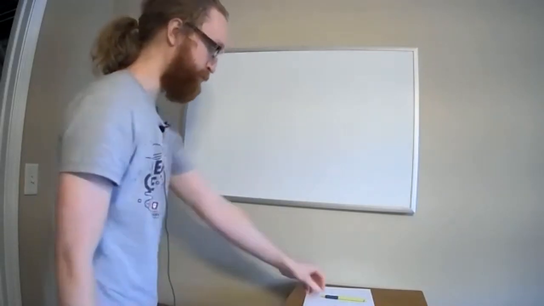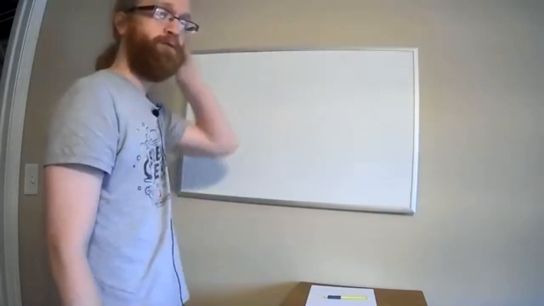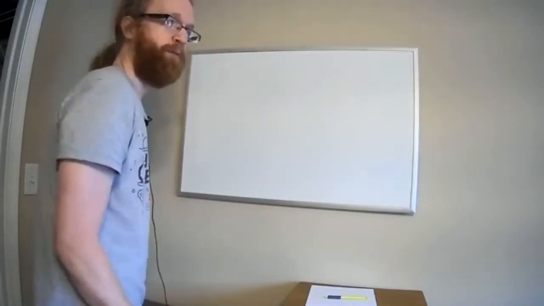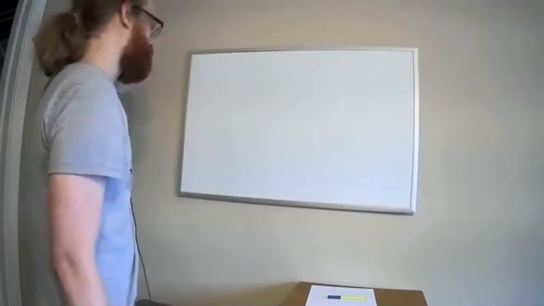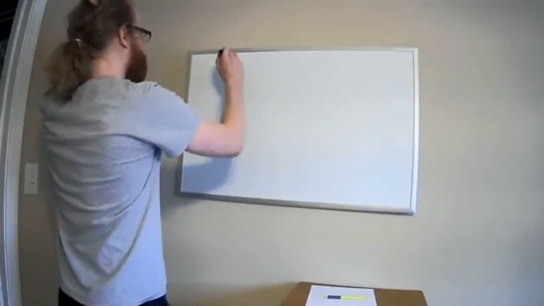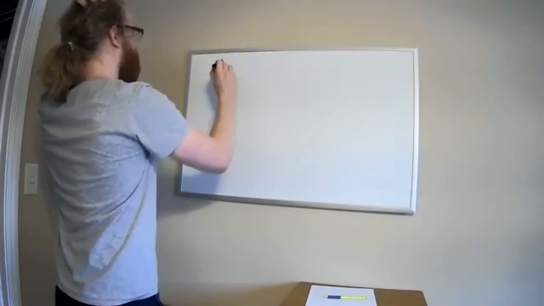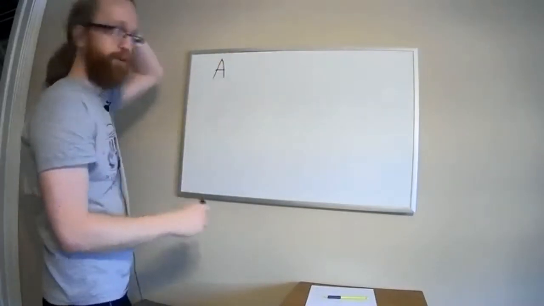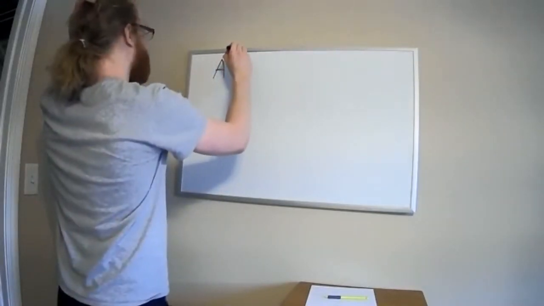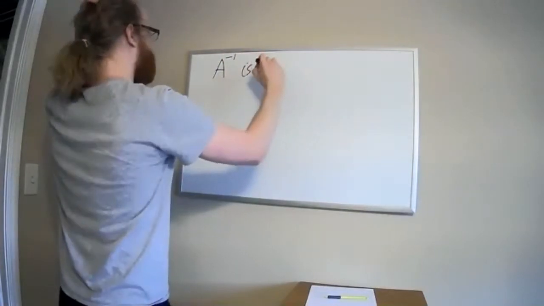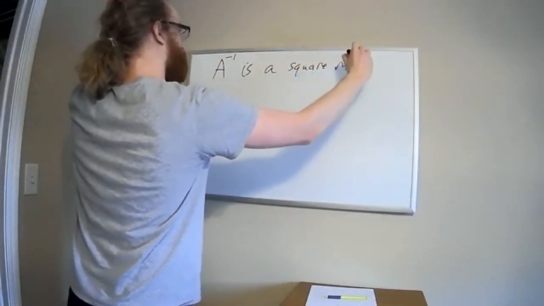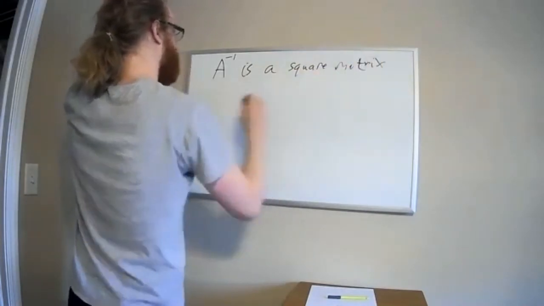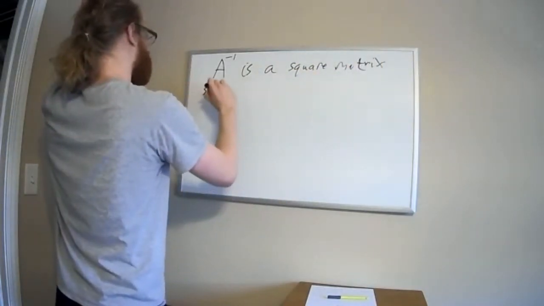So yesterday I introduced matrix inverses, which was going to be our way of doing division for matrices, sort of division anyway. Just so you remember, if A is a square matrix, then its inverse is also a square matrix, and it satisfies the following two things.